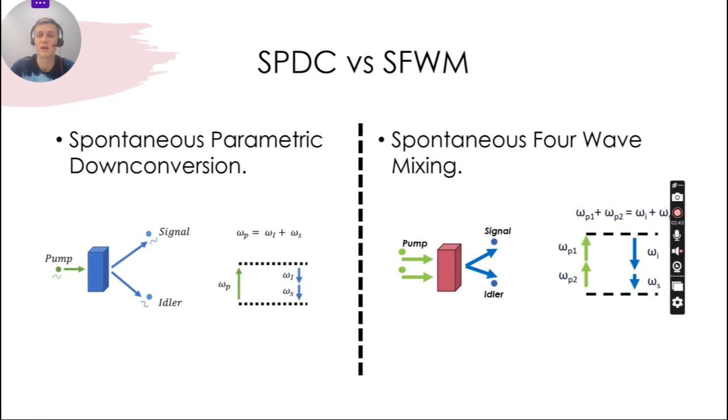Spontaneous four-wave mixing has two input pump photons, and these combine in your nonlinear medium to produce a signal and idler photon again, except that these photons will be of different frequency, different energy, but both summing to the total frequency of your two pump photons. So pause and have a look at this if that's confusing to you. There's also some really good explanations of this in Alex's notes.